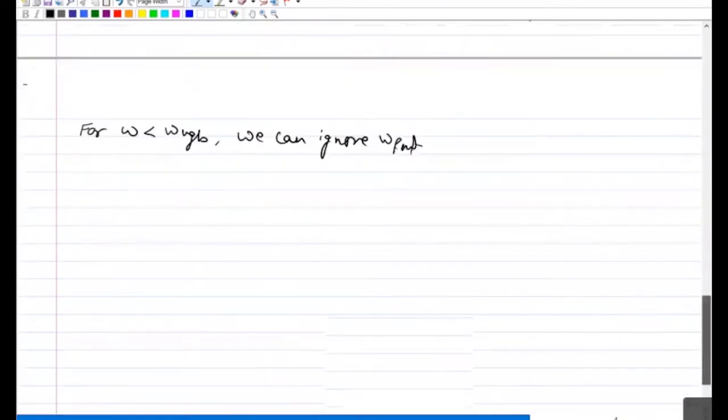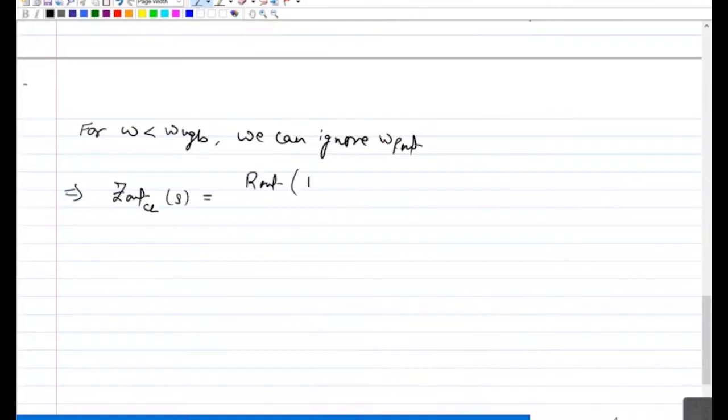So this implies your Z out closed loop S is R out times (1 plus S over omega P gate) divided by (1 plus S over omega P gate plus beta naught).